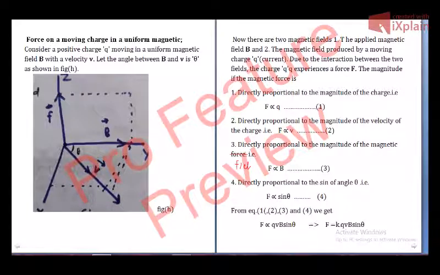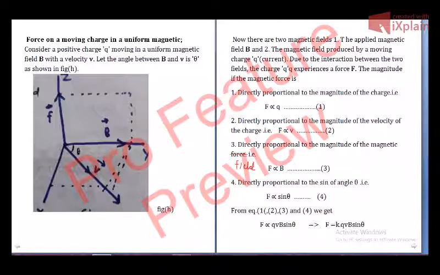What does it mean? Greater the magnitude of the magnetic field, greater will be the force experienced by the charge. Suppose we put a charge Q of 10 coulomb moving with 10 meters per second in two regions, first in a region where the magnetic field is 10 Tesla, and then in a region where the magnetic field is 5 Tesla.